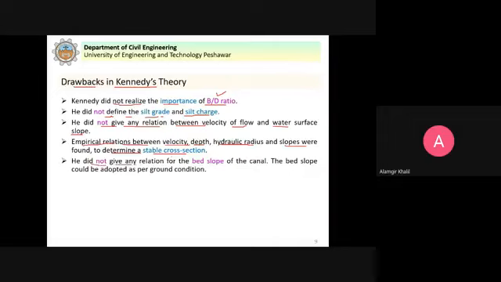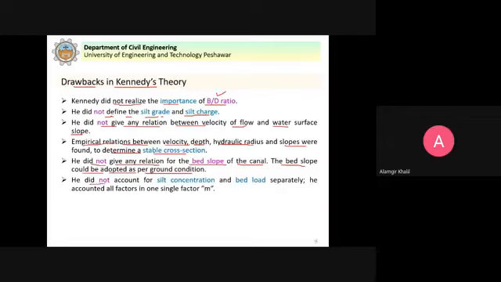He did not give any relation for the bed slope of the canal. The bed slope could be adopted as per ground condition. He did not account for silt concentration and bed load separately. He accounted for all factors in one single factor m, the critical velocity ratio.